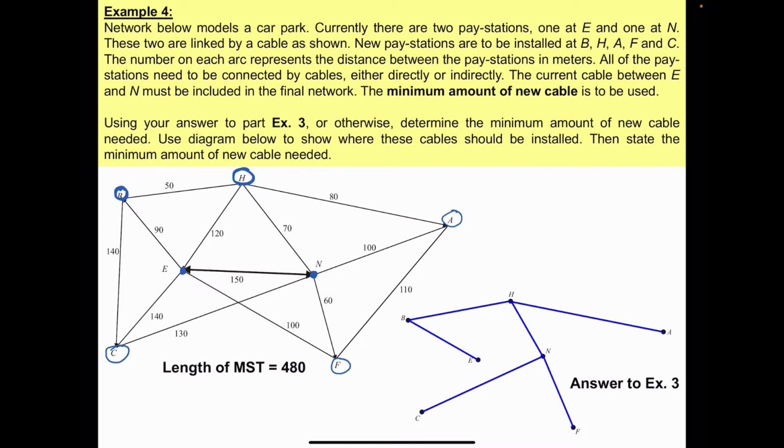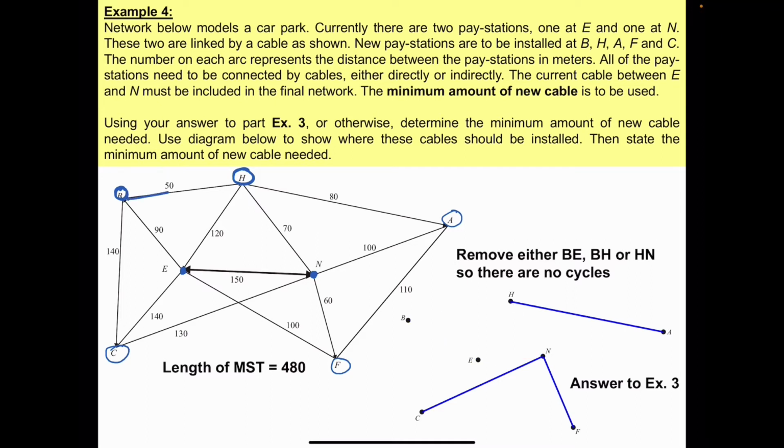But what I know is that EN must be included in the final network. That gives me the chance to disconnect HN or BH or BE. One of these must be removed in order to cancel the cycle that would be created, since the red one, the EN, must be included. And obviously, if you want to get the minimum, you have to remove the longest one.